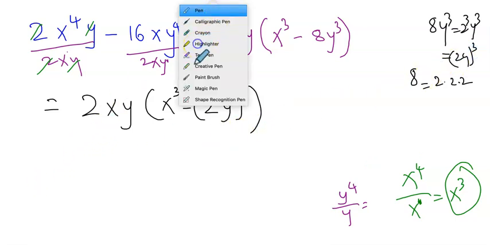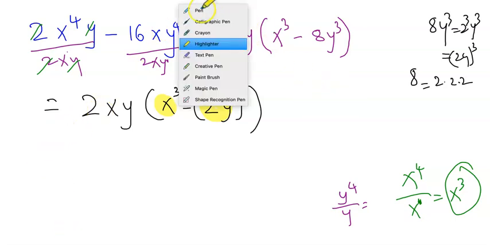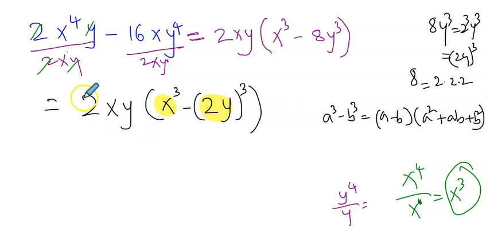Now going back to that formula, a cube minus b cube. Let me write it again for you. It says a cube minus b cube is equal to a minus b times a square plus ab plus b square.